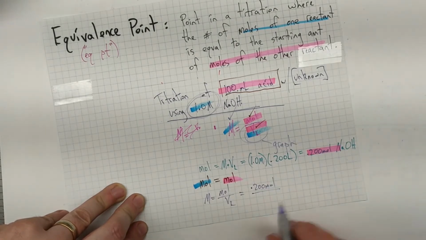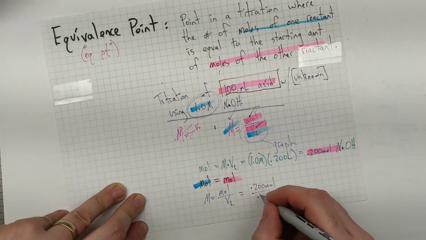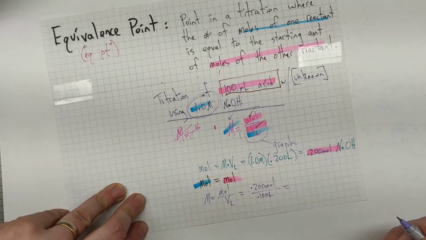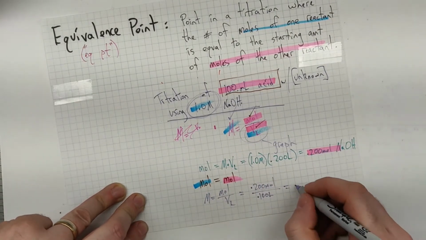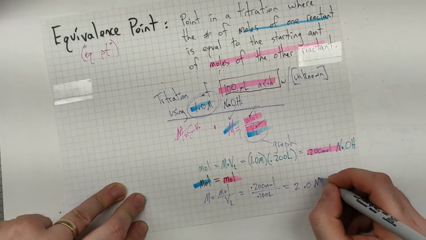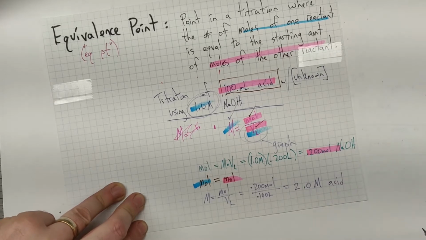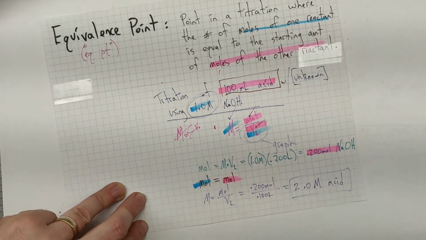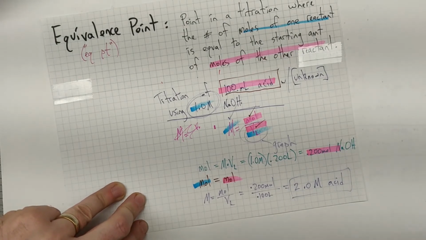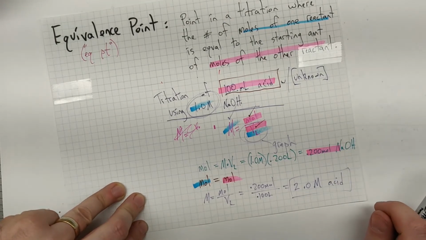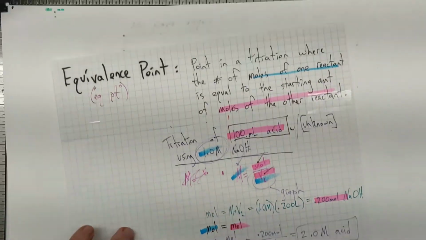And our volume in liters, we had 100 mils, so that's 0.100 liters. And we end up, in this particular case, with 2.0 molar our acid. I'm just going to write acid, because for the example I did two different acids. All right? So that is the concentration of our acid. We just solved the titration problem, and now I want to jump back and look at some key points on those graphs.